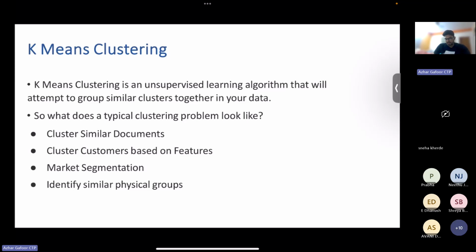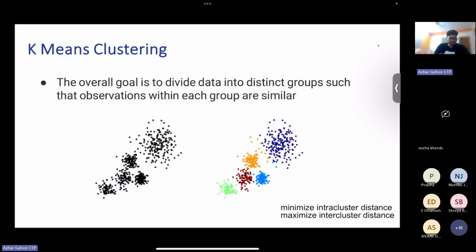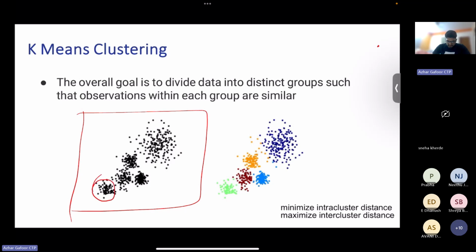So let's see what k-means clustering does. This is our input data, and our overall goal is to divide the data into distinct groups such that observations within each group are similar. If you just look at this data itself, we can see that there are some points clustered here and another cluster there.